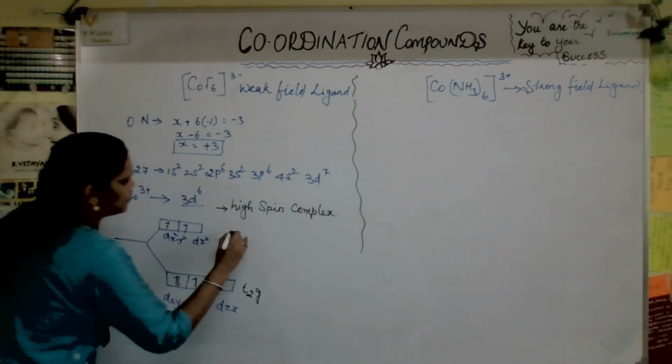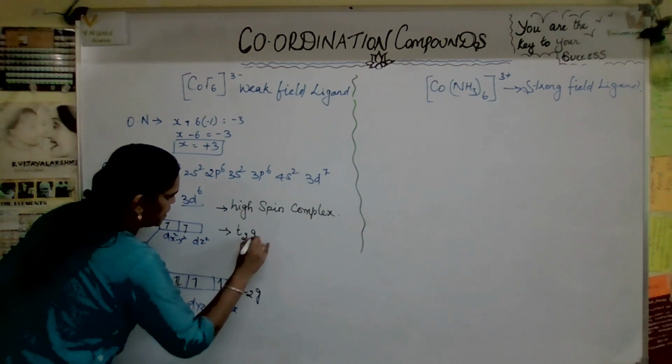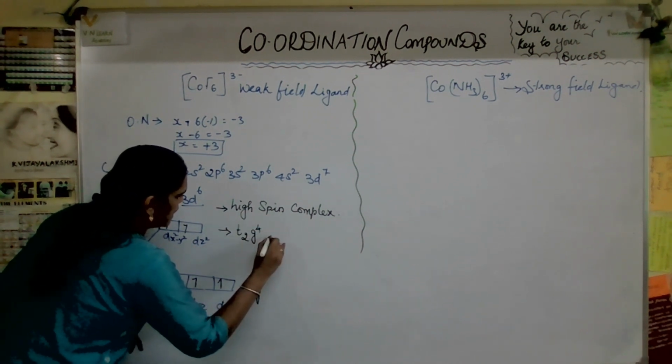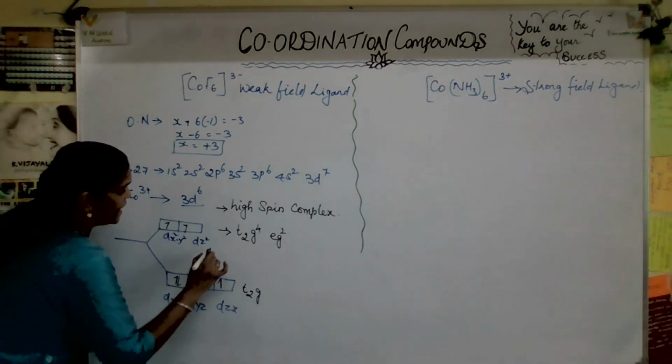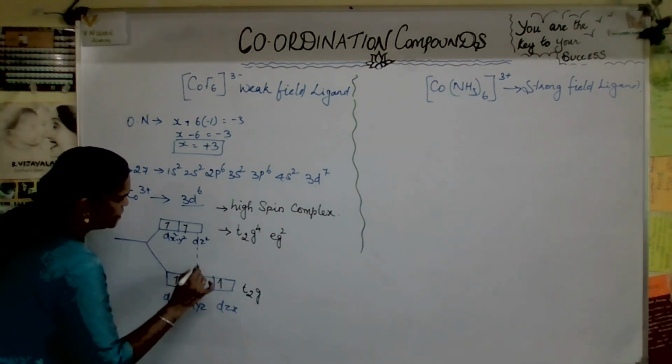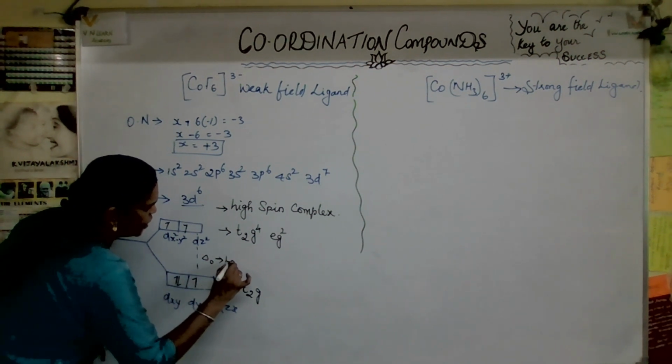Now next one: what is the electronic configuration? t2g4 and eg2. And here delta naught, is it low or high? It's very low.